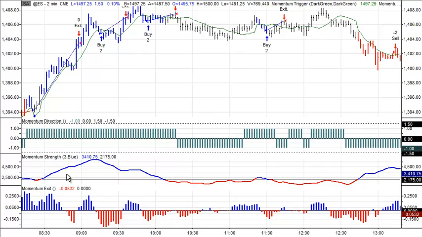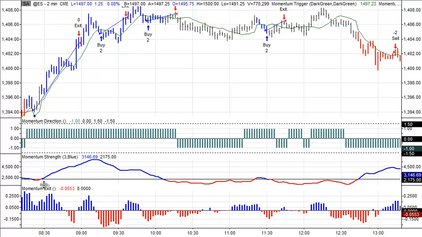So the second indicator comes into play, something called momentum strength. Momentum strength is an indicator that measures the strength of that trend. And the way we measure that is basically it oscillates around this black line that you see, which has a value of 2175. It's just an arbitrary number, all right?